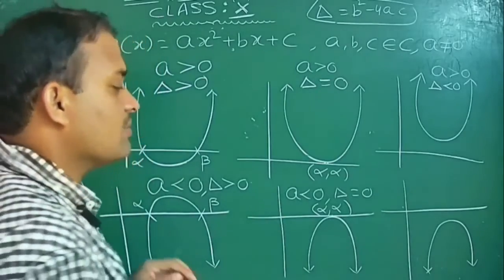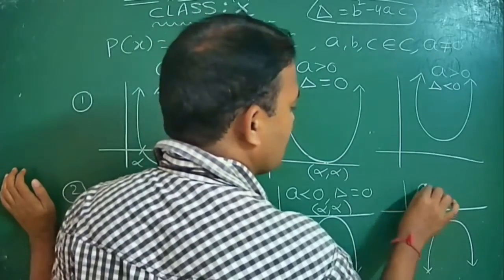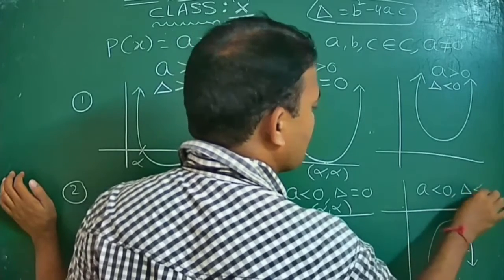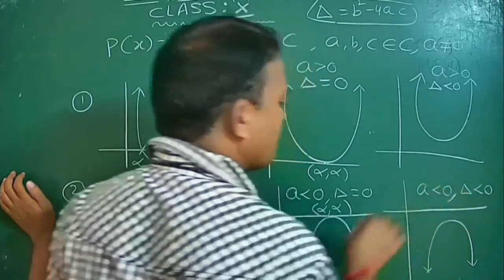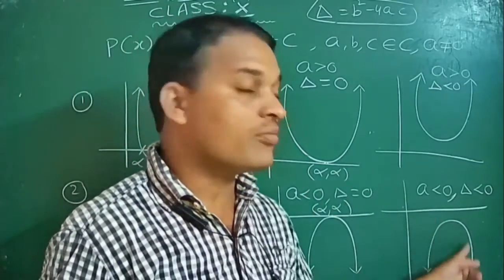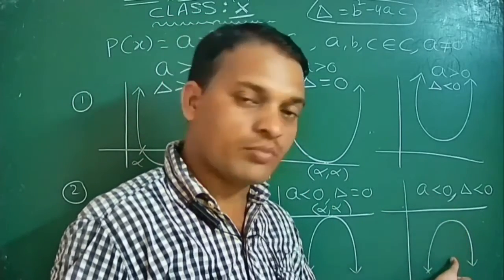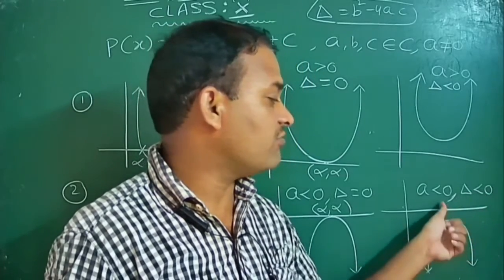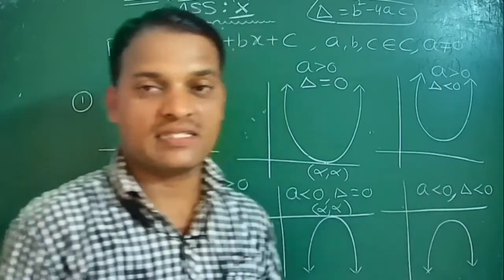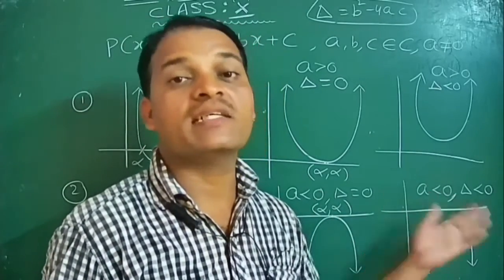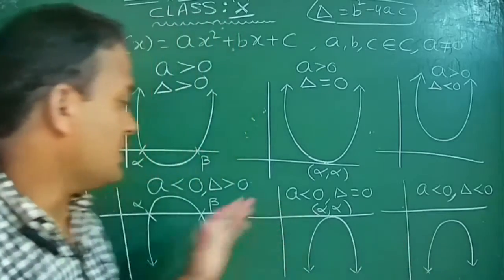Similarly, if a is less than 0 and delta is less than 0, the parabola opens downwards, and delta less than 0 means it never touches the x-axis. That is why these roots are called irrational or imaginary roots. So these are the methods.